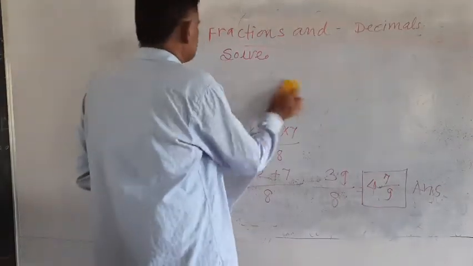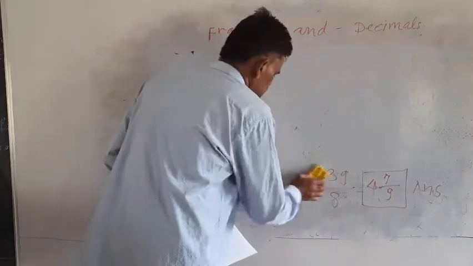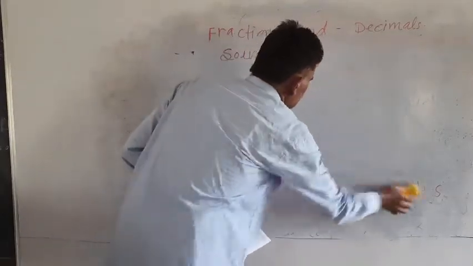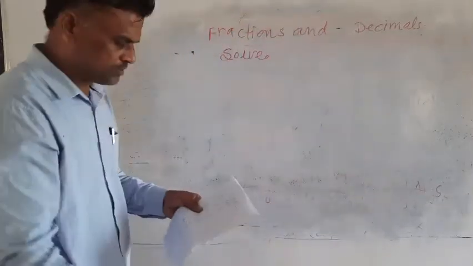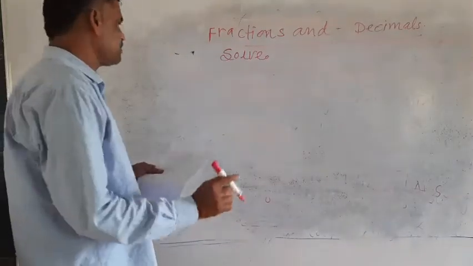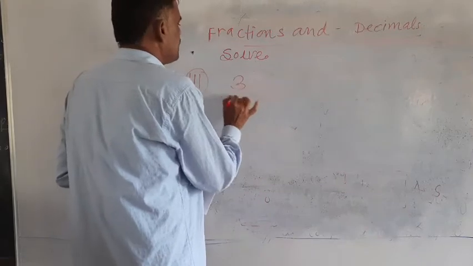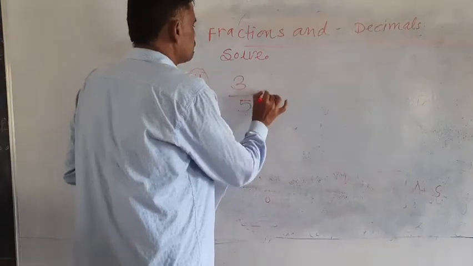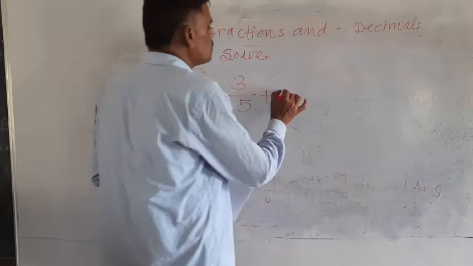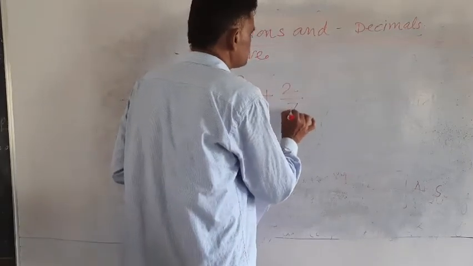Another example, we have the third example here, that is 3 by 5 plus 2 by 7.